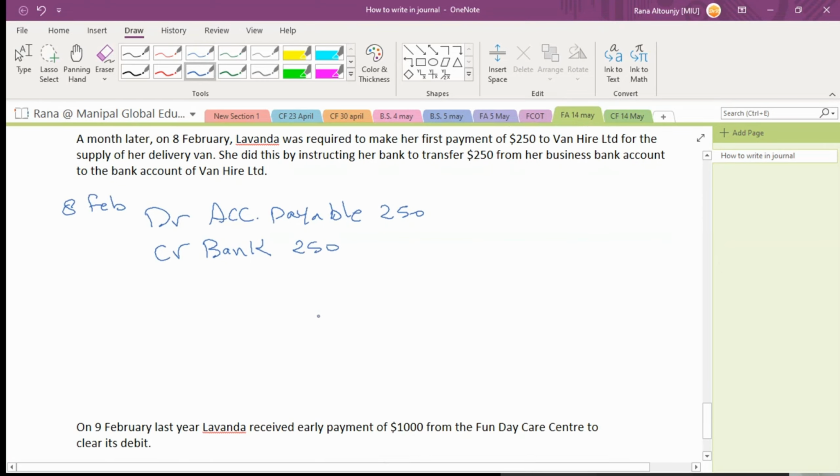Then let's open the T accounts of both of those accounts. As I mentioned, normally we open the T account at the end of our recording. So first we do our journal, then we do our ledger.